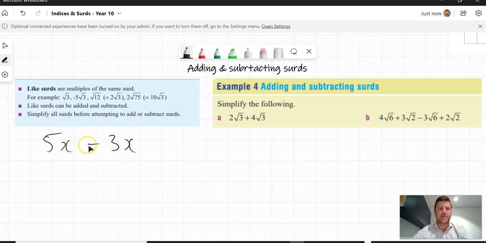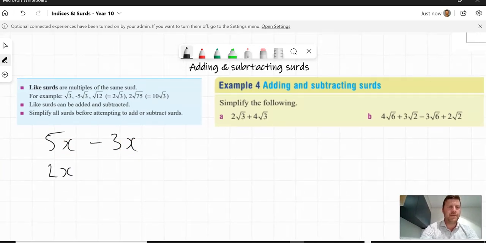In this case, I'm going to subtract them because of the minus sign in between them. So I'm going to do 5x take 3x to simplify it to one term. I'm simply going to do 5 take 3, so I do the number in front of those variables, the coefficient. So in this case it's 5 take 3, which is 2, and then the variable stays the same, so it's 2x. So 5x take 3x is 2x.